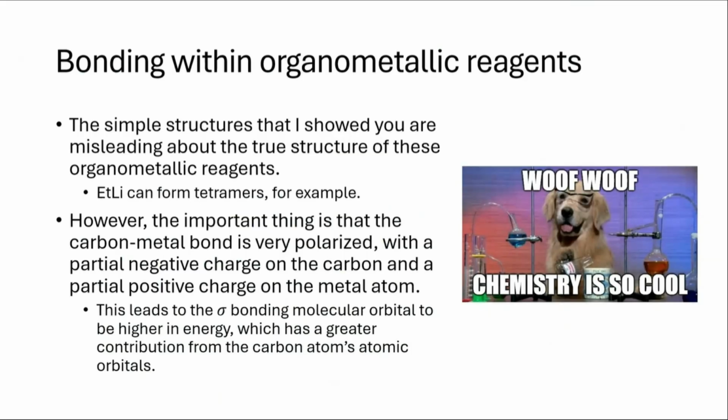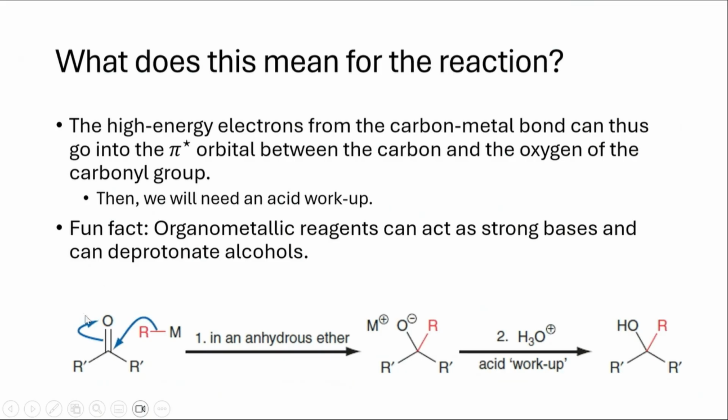And because we have those high energy electrons, we can use organometallic reagents as carbon nucleophiles. If we use an organometallic reagent on the carbonyl group, those high energy electrons from the carbon-metal bond can go into the pi anti-bonding orbital between carbon and oxygen, and that will break the pi bond between carbon and oxygen, and it will form a new bond.